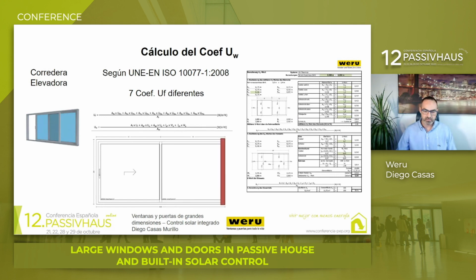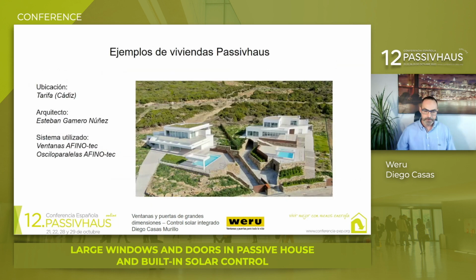In the case of lift and sliding doors, in the example shown on the screen, there can be up to 7 different UF frame coefficients. This is important. This information must be known when introducing values in the PHPP or documenting for certification. The formula is a little more complicated, but the manufacturer should provide those values.